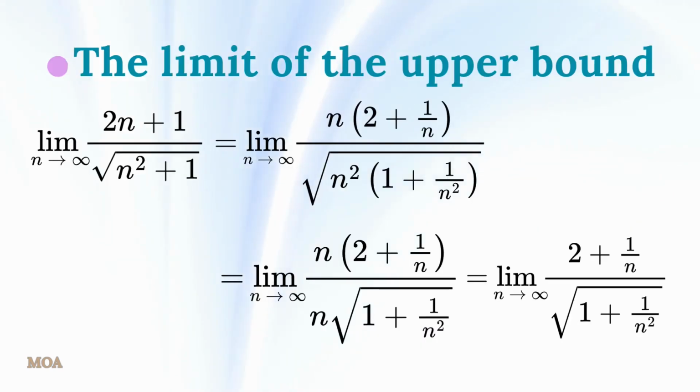On the other hand, to evaluate the limit of the upper bound, which is the limit as n tends to positive infinity of the quantity 2n plus 1 over the square root of n squared plus 1, by factoring out n from the numerator and the denominator, we get the limit as n tends to positive infinity of the quantity 2 plus 1 over n over the square root of 1 plus 1 over n squared.